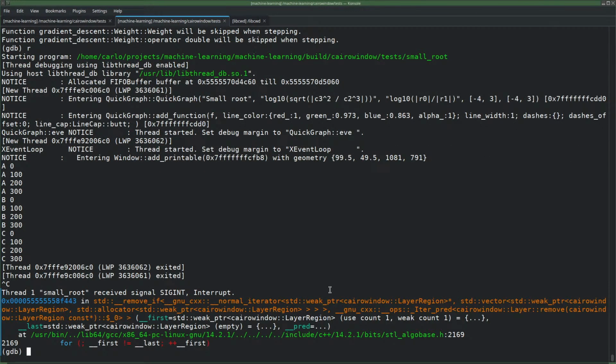It did detect my Q, but then it still is hanging. Why? Oh, it's erasing everything. So it's not drawing anything, but it is erasing everything.